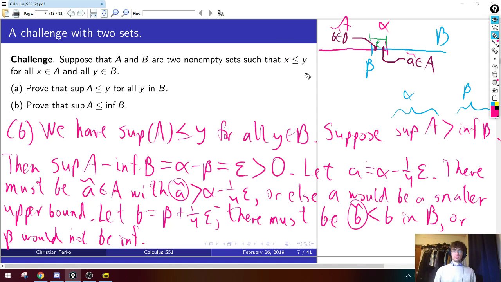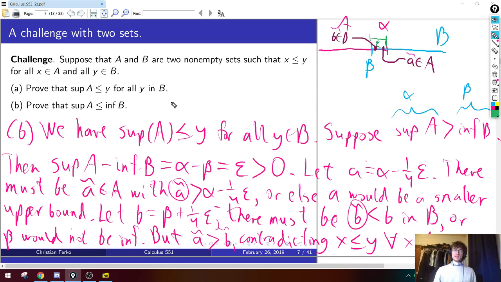But we have found two values where A tilde is greater than B tilde. Yeah, you found this guy greater than B tilde, contradicting x is less than or equal to y for all x in A and y in B. Perfect.